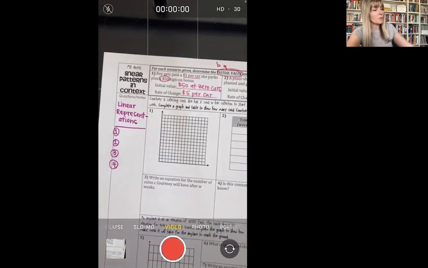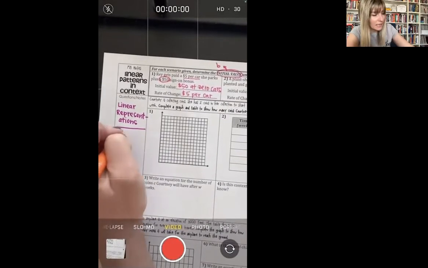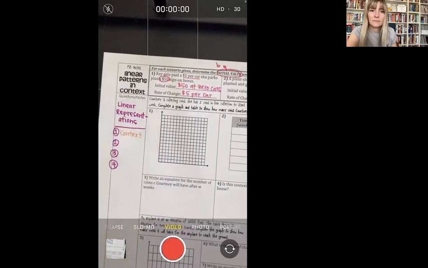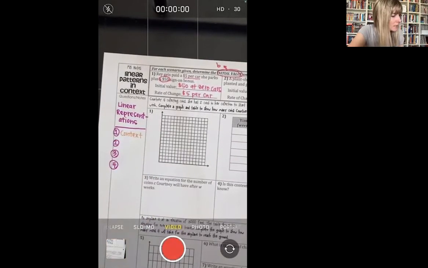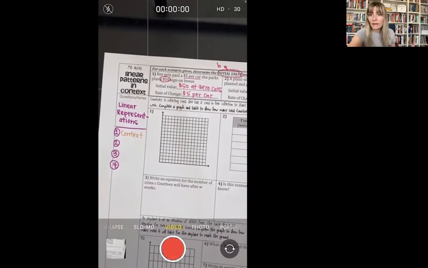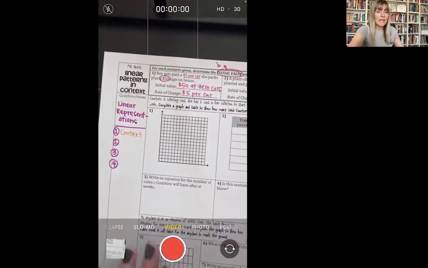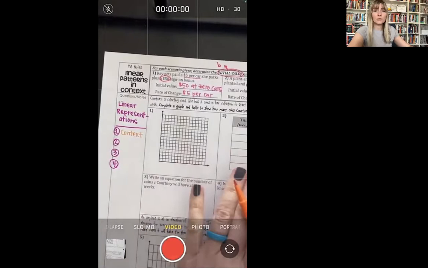All right, so what I just gave you is something that we call a context. A context is a story, right? So you can have a linear representation that's just given in words as a story, as a situation. And what we're going to do with that story is change it into a lot of different representations.